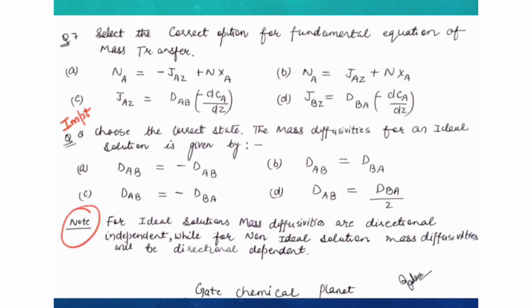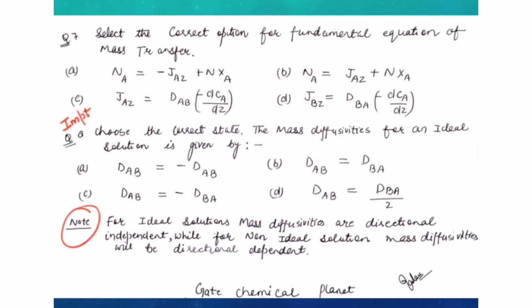Question number 7: select the correct option for the fundamental equation of mass transfer. Option A is capital Na equals minus Jaz plus Nxa. B is capital Na equals Jaz plus Nxa.